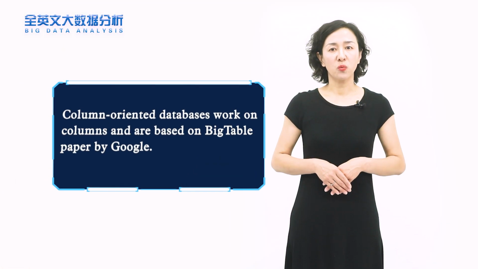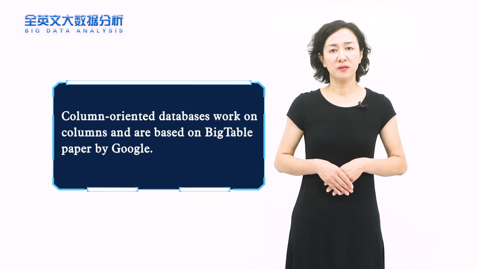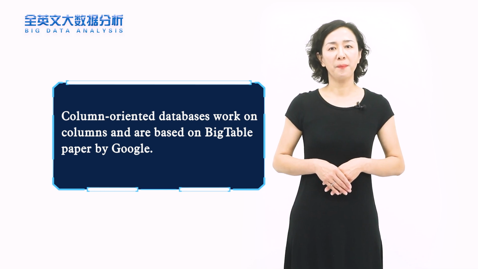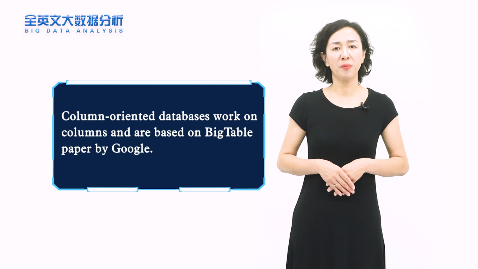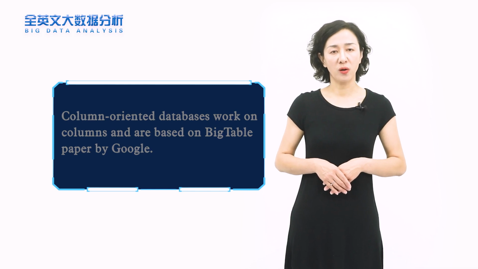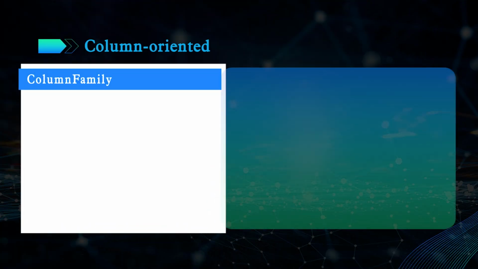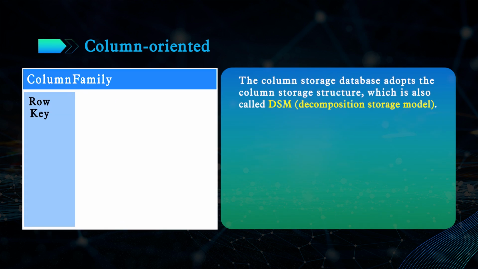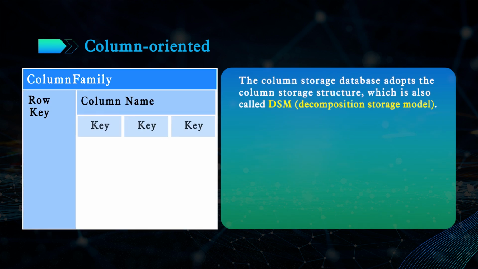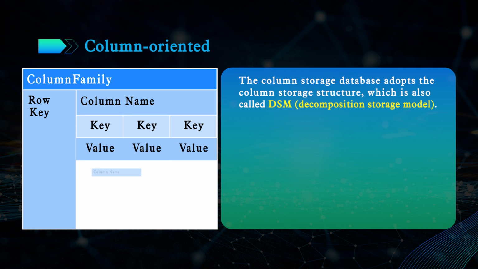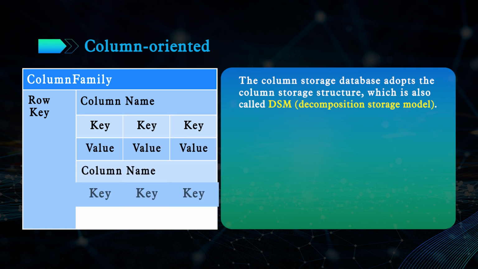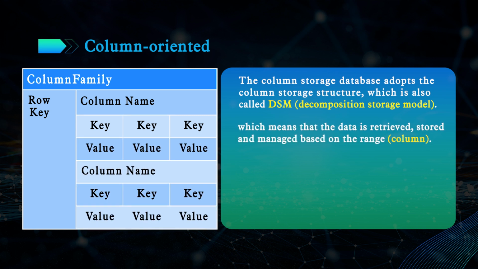Column-oriented databases work on columns and are based on the Bigtable paper by Google. The column storage database adopts the column storage structure, which is also called Decomposition Storage Model, DSM, which means that the data is retrieved, stored, and managed based on the column range.